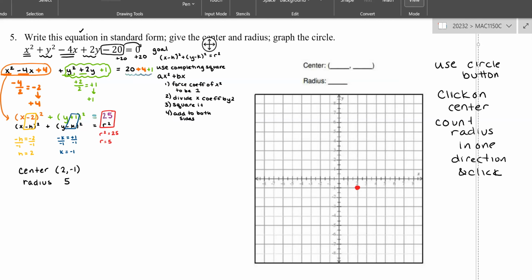So starting at the center, that red center, I'm going 1, 2, 3, 4, 5 north, 1, 2, 3, 4, 5 west, 1, 2, 3, 4, 5 south, 1, 2, 3, 4, 5 east, and then I'm just going to do my best to connect those with a circle.